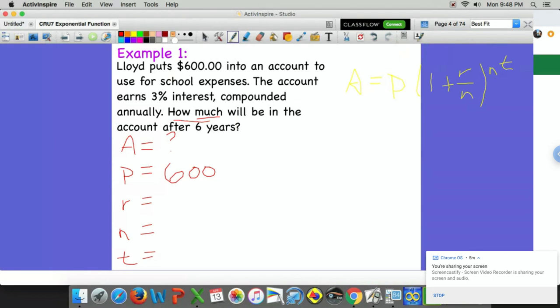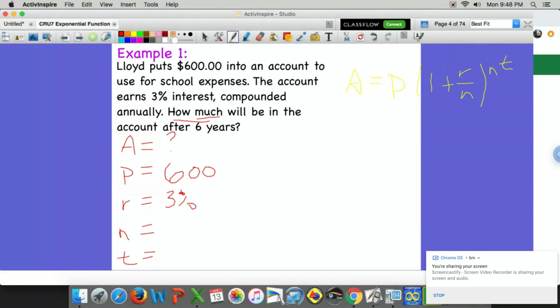And then you have R. R is your rate. So it says the account earns 3% interest. So since R is your rate, we know it's going to be 3%. That's supposed to be a percent sign, guys. Sorry, this pen's a little bigger than my other one, so I struggle writing with it on this small screen.